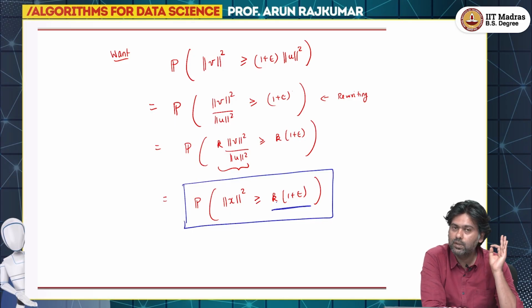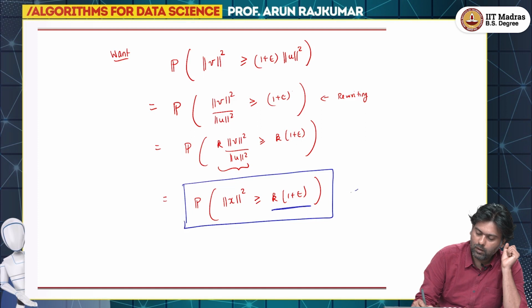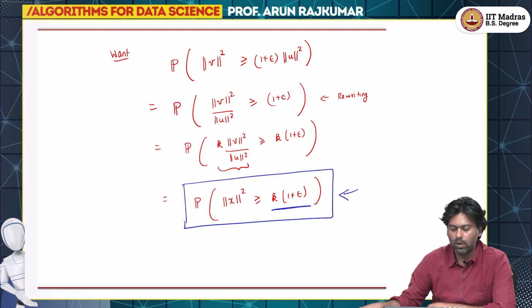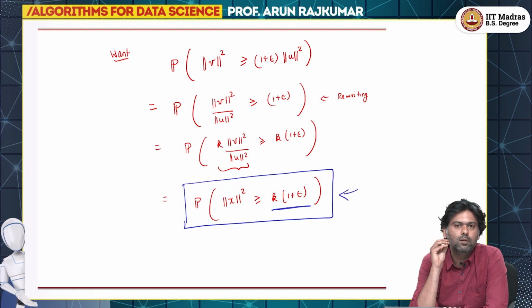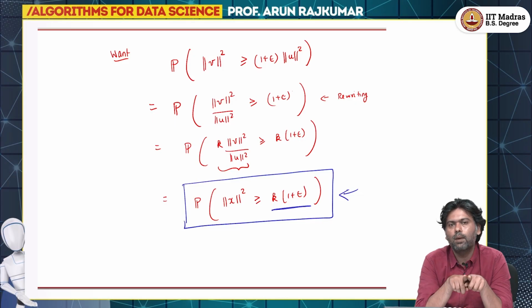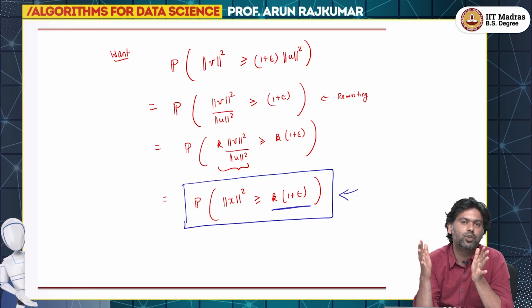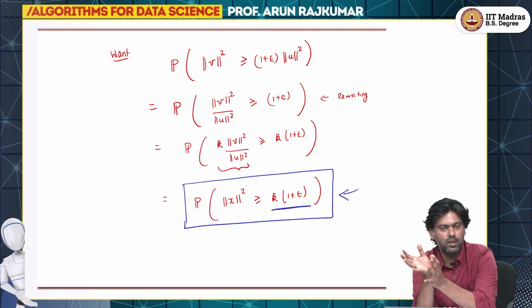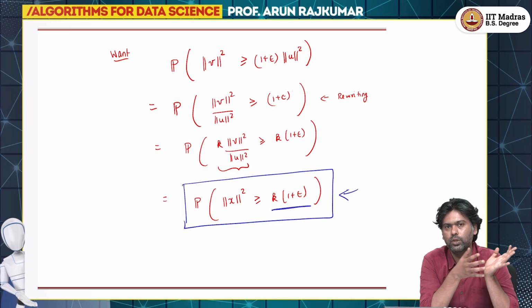We started with some d-dimensional vector, but eventually the chance of a bad event happening can be understood if we somehow have a handle on generating a random k-dimensional vector and asking what its length is, and whether it can have a large length, greater than k into 1 plus epsilon. If we understand this, then we understand our original problem.